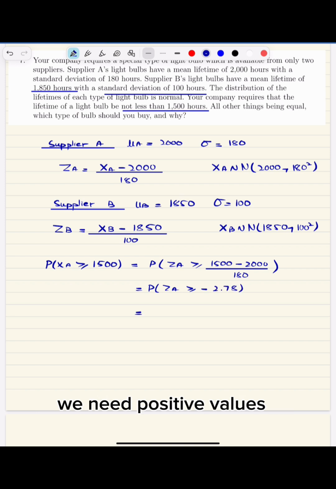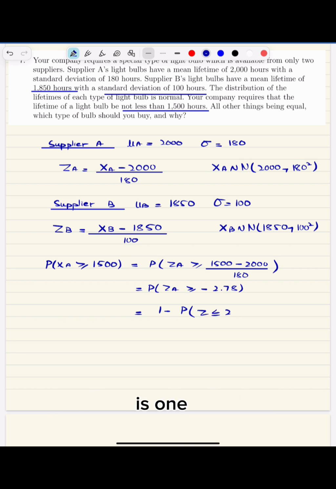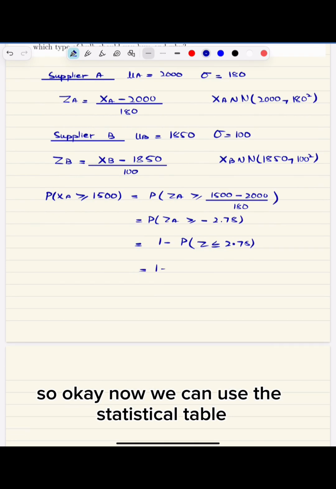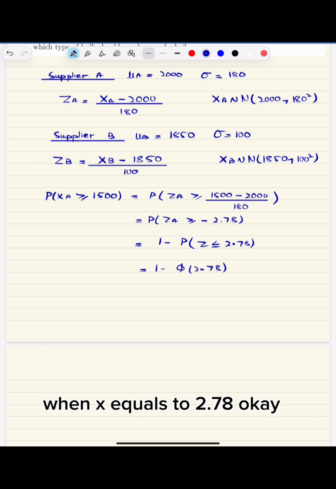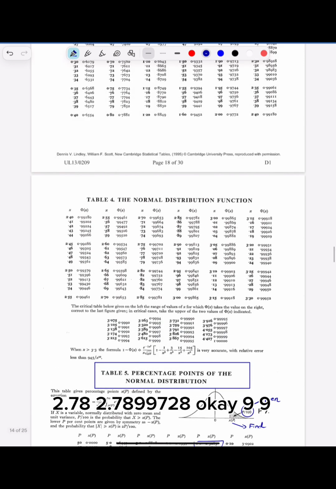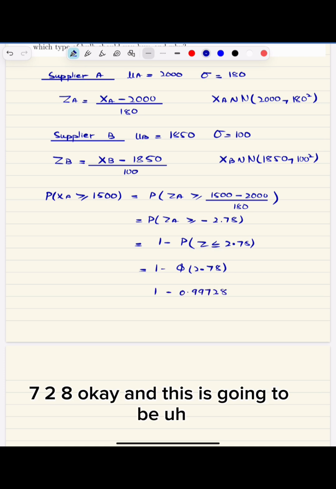We need positive values. We're going to use the fact that the area under the curve is 1. Now we can use the statistical table and see the area below the curve when z is equal to 2.78. 2.78, 0.99728.